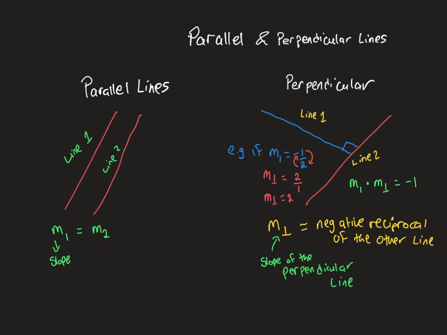We can test this out here, because if I take -1/2 and multiply it by 2 over 1, I'm going to get -2 divided by 2, which is -1. So it works out, which means these two slopes are definitely perpendicular to each other. So let's see how this would work in terms of examples.